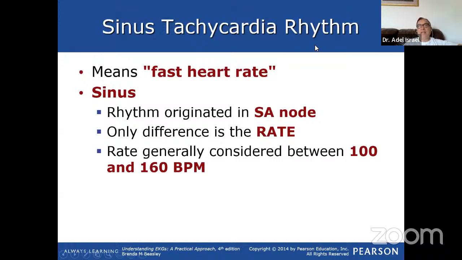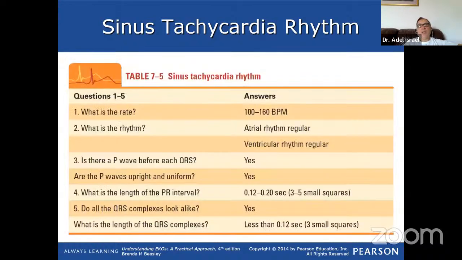Here we have the second variation, which is sinus tachycardia. It will be similar to the description of sinus bradycardia, but the problem is the heart rate is above 100.